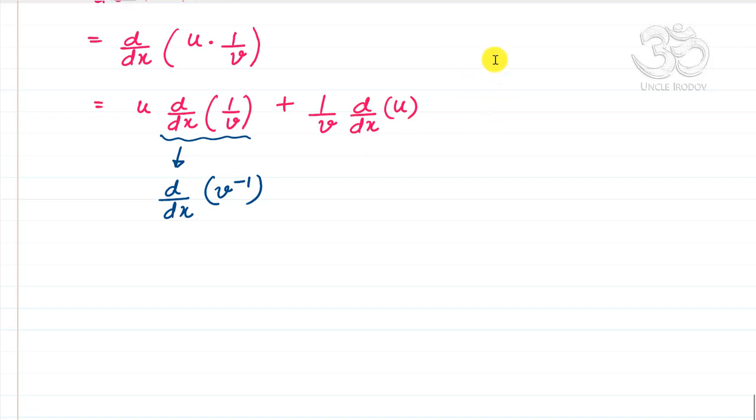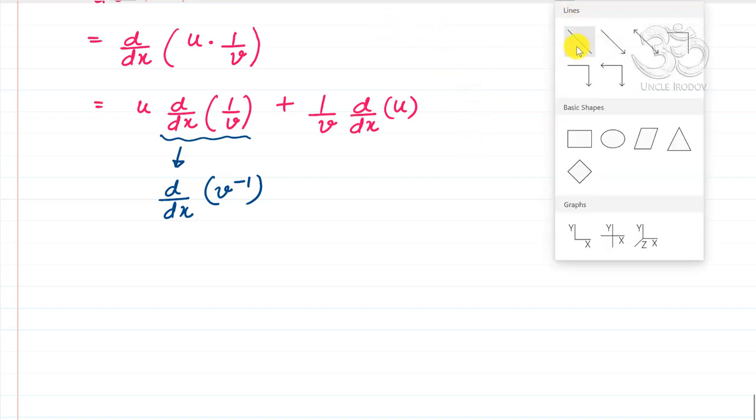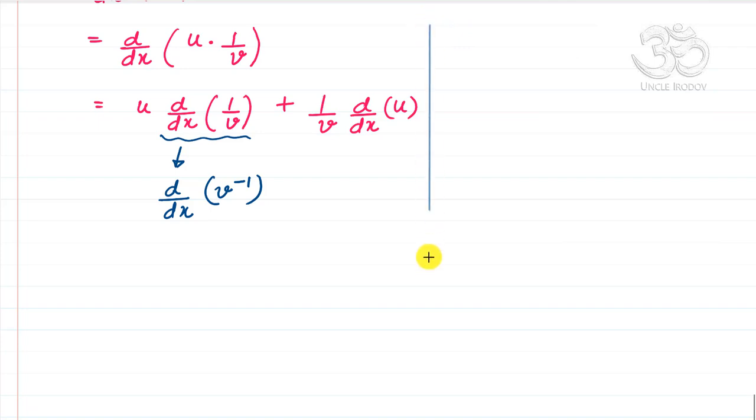So let's have a look at what happens here on the right hand side. Suppose I ask you what is d by dx of 3x plus 5 raised to the power minus 2. What will you do? Let's use the chain rule itself.